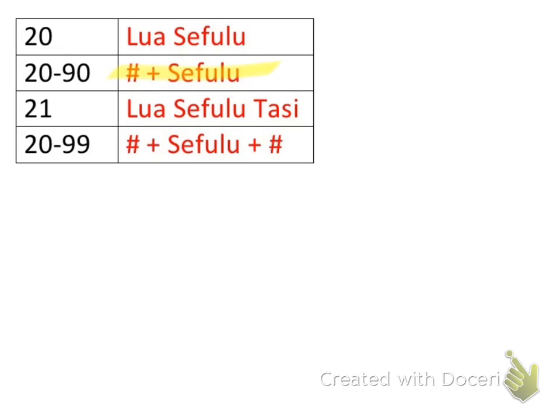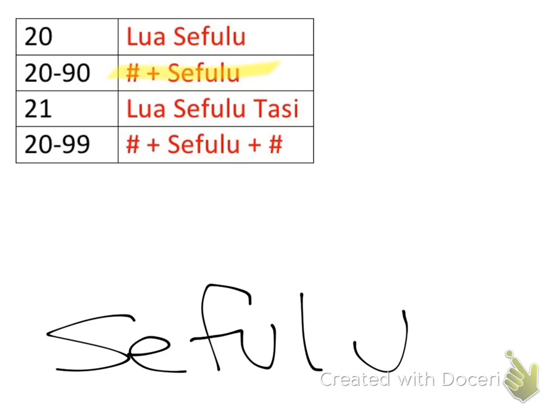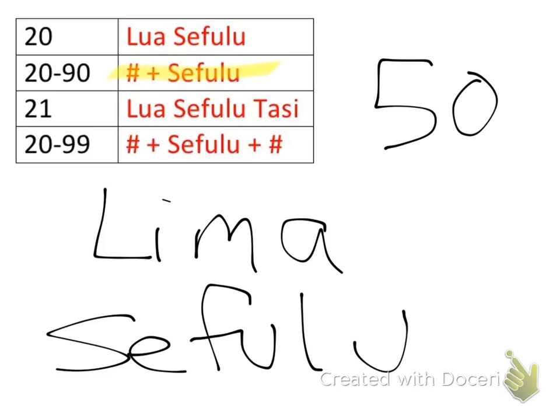I'm not going to write out these numbers anymore, but I'll just write a sefulu right down here, just so it makes sense. So 50 right here would be lima sefulu, because the 5 place is in the 10 unit, or the tens value, okay? And I have 5 tens, so this is lima sefulu.